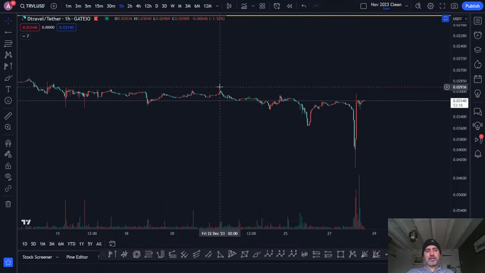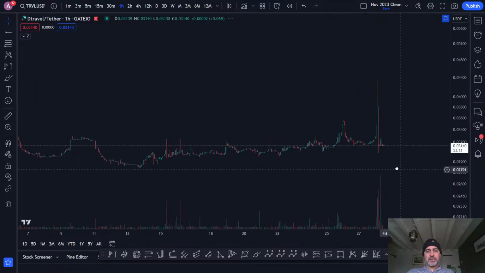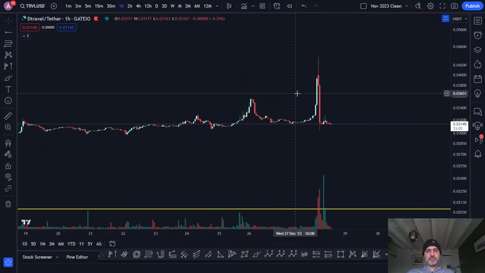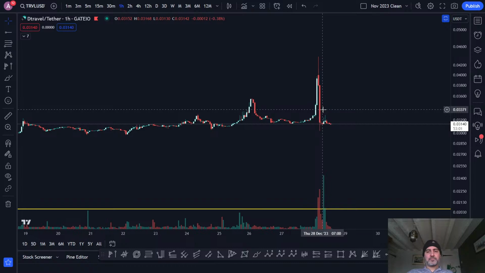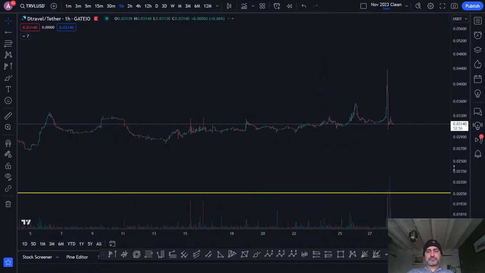We're still making lower highs here, and I think when you reverse it, it's the same thing. We're still making higher lows. So even though the bulls have failed here, the bears have actually taken control. This is looking very bearish.